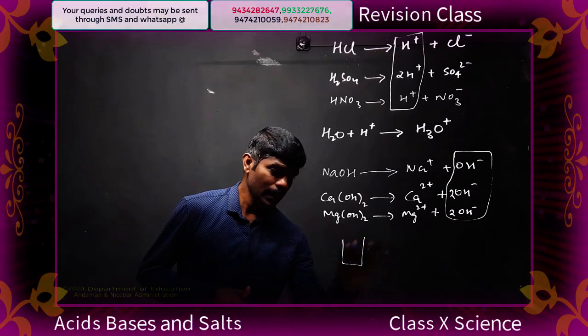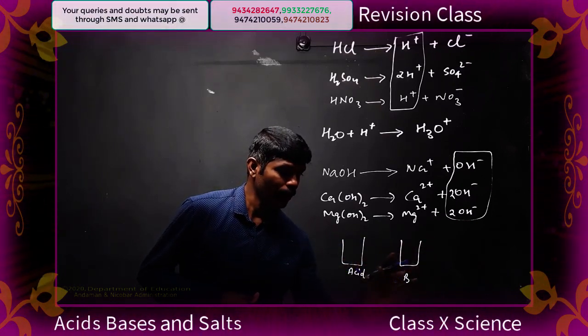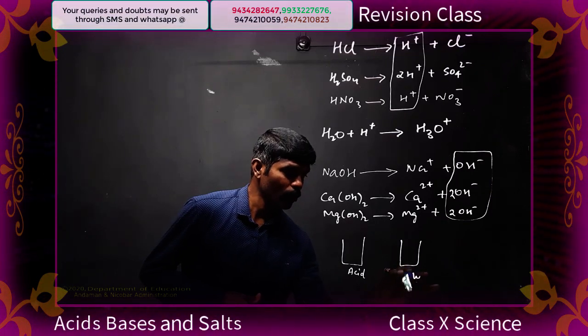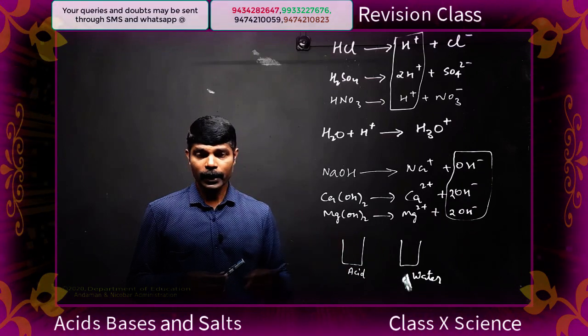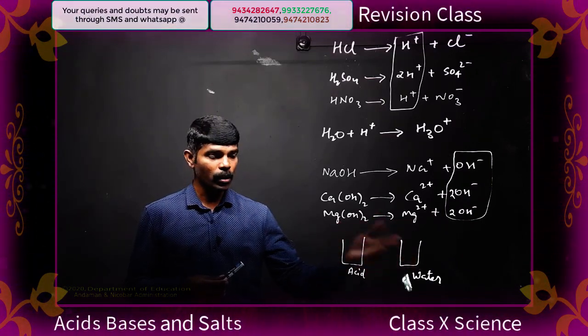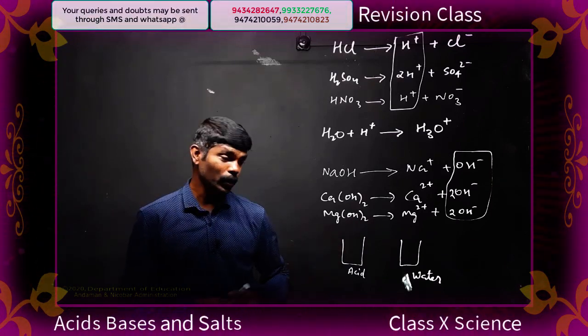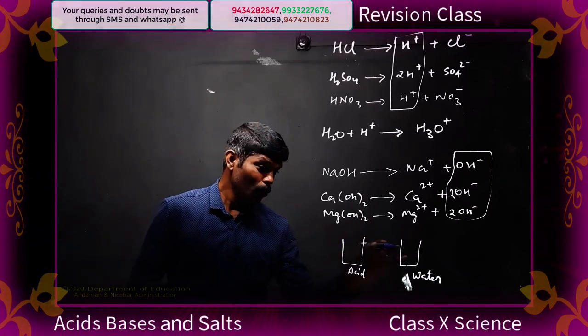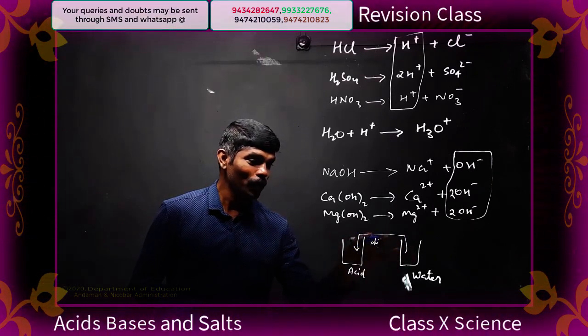Suppose, see here, we are taking acid here, and this is the water for dilution, right? In order to make this acid dilute, either we can add acid into water or we can put water into acid, right? This process is highly exothermic and we should not add water into acid for dilution.